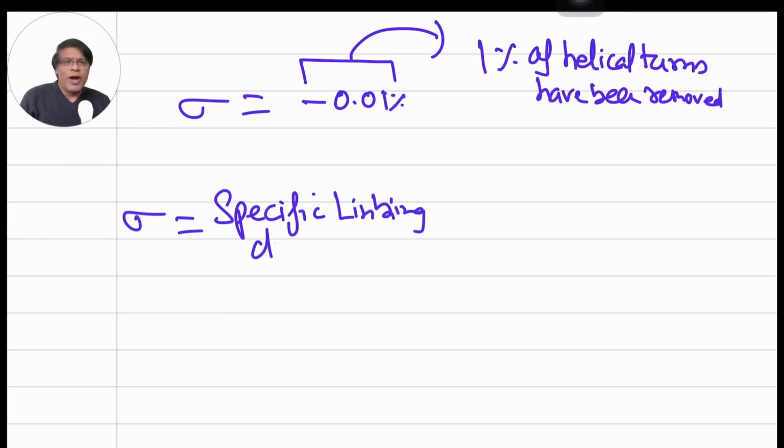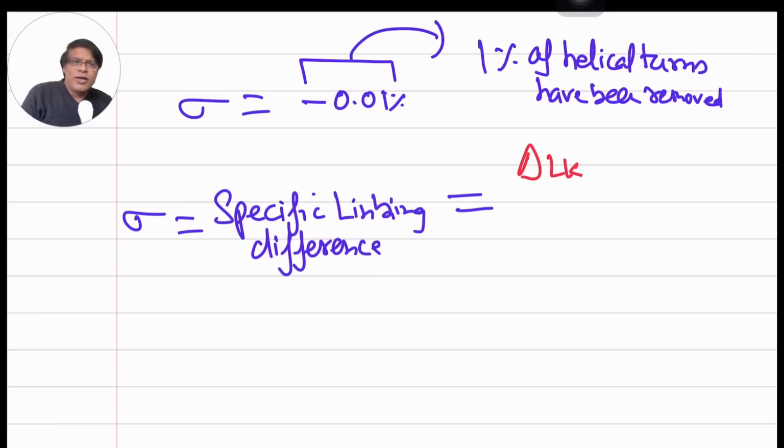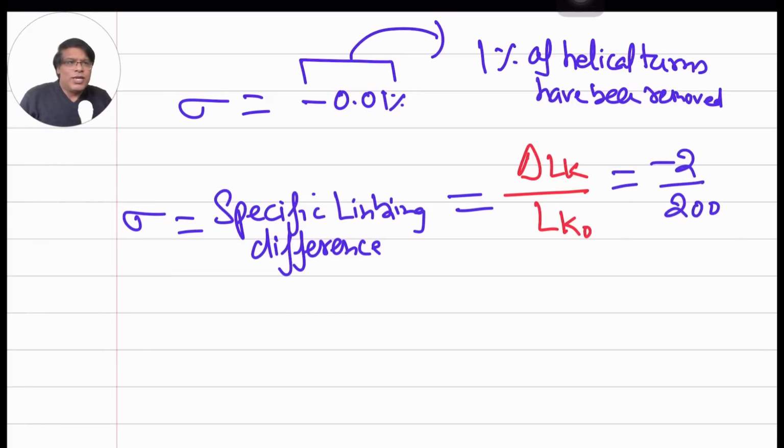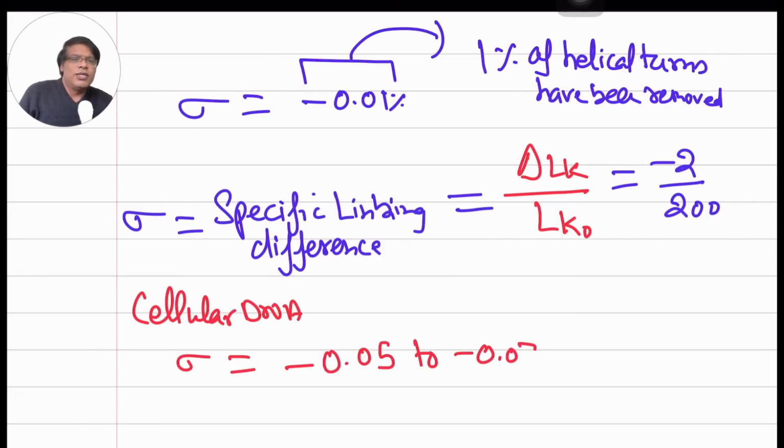So keep in mind, sigma is the specific linking difference. It is equal to the change in linking number divided by the linking number in the relaxed state, and it comes out as a percentage. In the first example, it is minus 2 divided by 200, so sigma is minus 0.01.